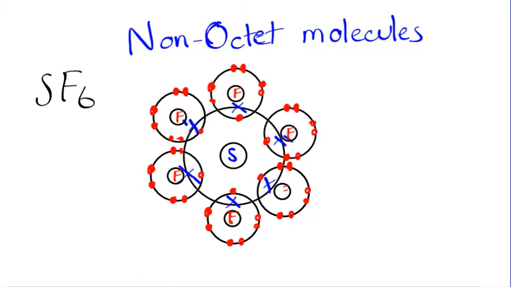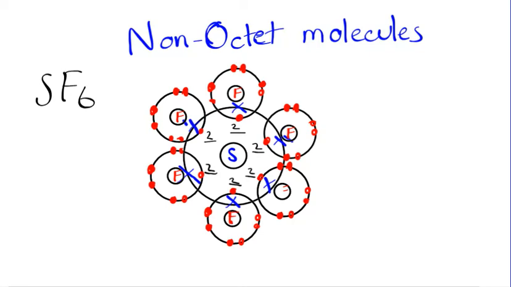But if you look now at sulfur, each of those electrons is sharing with a fluorine electron, so they actually have 2 electrons being shared here, 2 here, 2 here, 2 here, 2 here. So we've now got 2, 4, 6, 8, 10, 12 electrons in the outer shell.